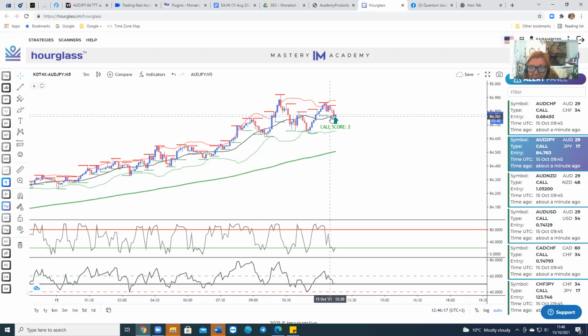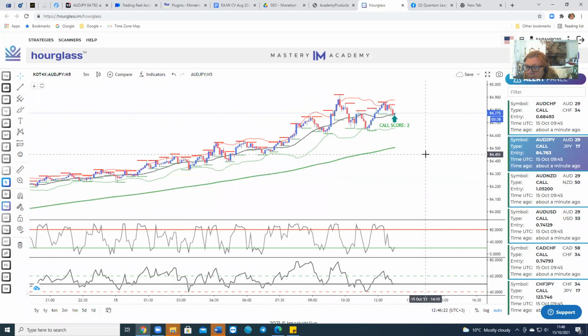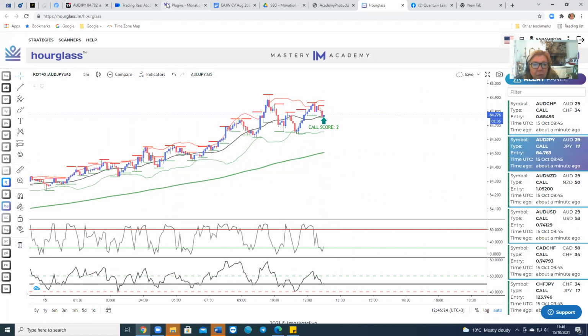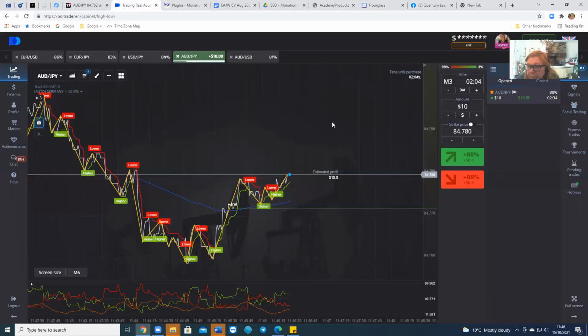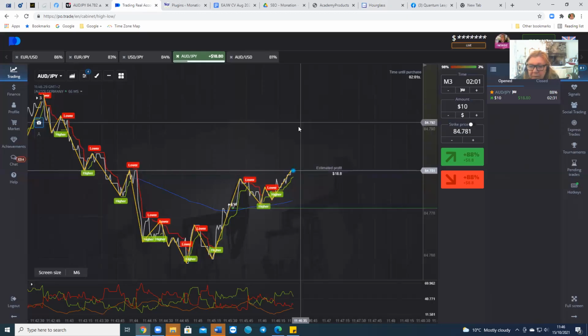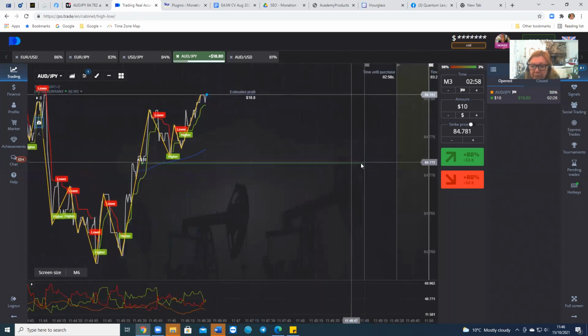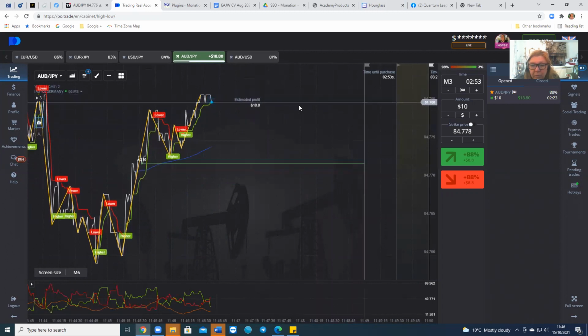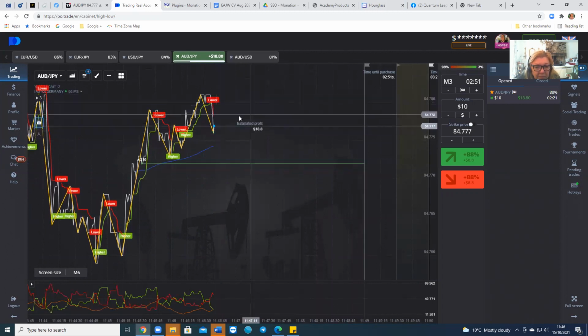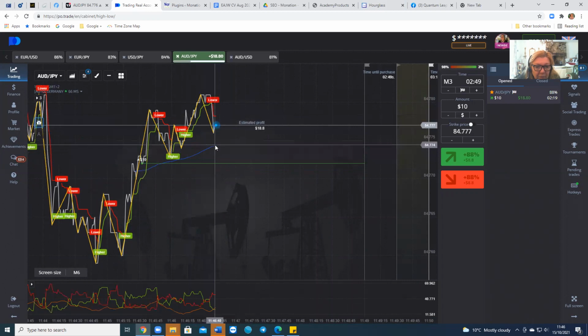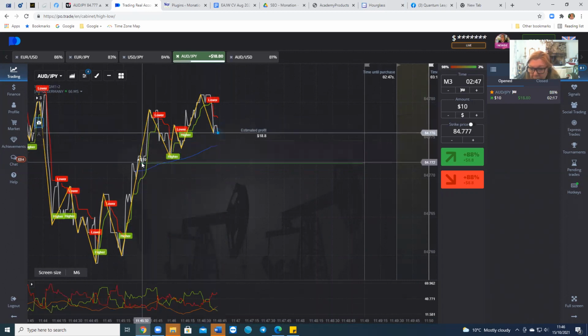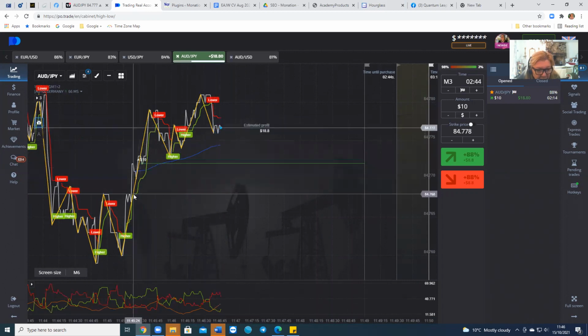I've got it very nicely off this midline, 774, and it gave us a call at 763. So I'm in this for 3 minutes and I've got 2 minutes 30 to go. So I just need it to be above this line for 2 minutes 20 seconds. That's my 200 moving average. I would have liked to have been in a little bit further down.